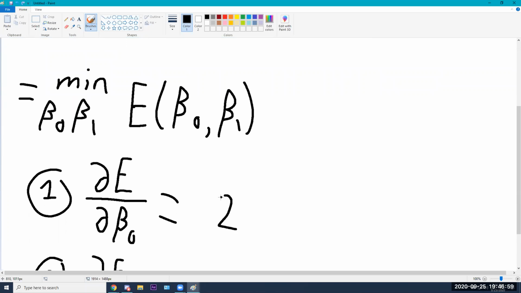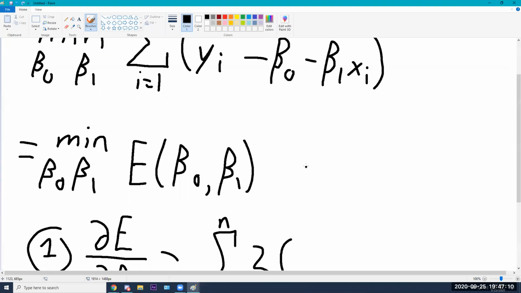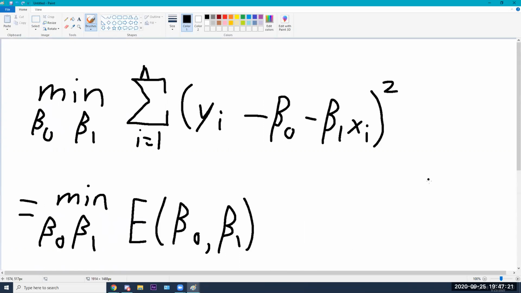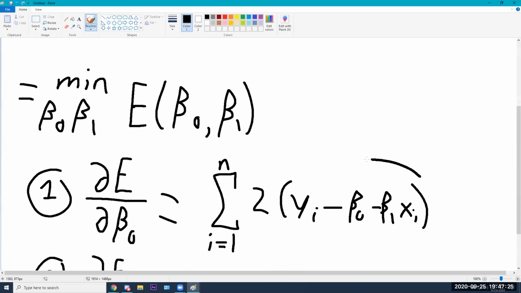So 2 times all this, beta naught minus beta 1 x_i. That's the power rule, right? This 2 jumps down here and this just becomes a 1.